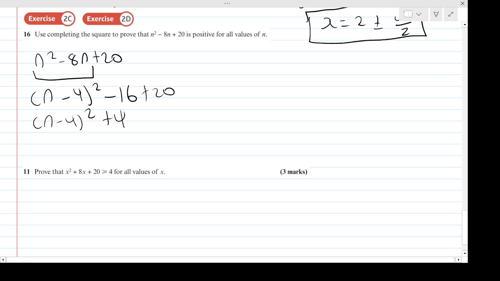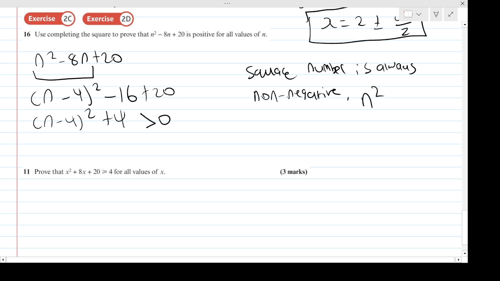But somehow, then apparently we can see that it's positive. Well, why is that? So we need to say, well, this then is greater than 0. Well, that's because we have a square number, right? We should know that a square number is always positive. Well, actually, it's always non-negative, okay? Meaning, if we have a square number n squared, for example, that will always be at least 0.